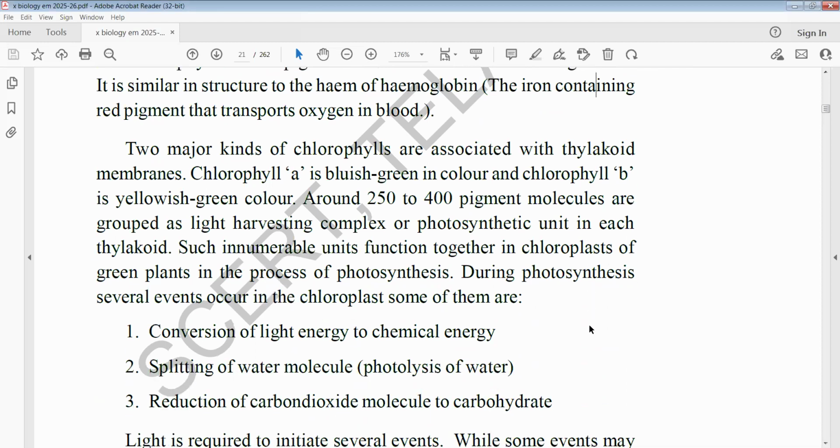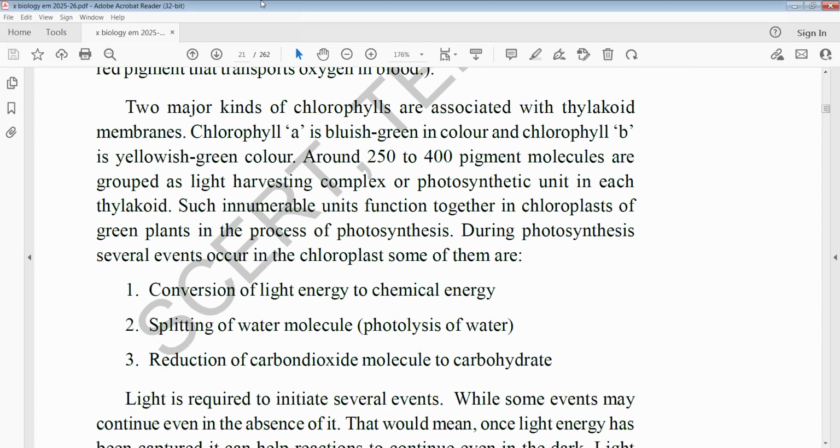Two major kinds of chlorophyll pigments: chlorophyll A and chlorophyll B. Chlorophyll A is bluish green in color.